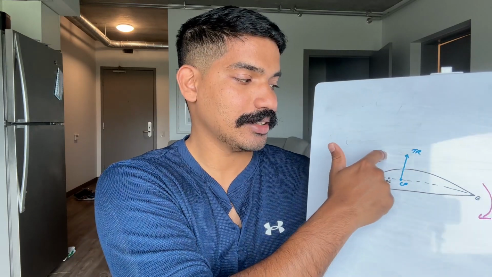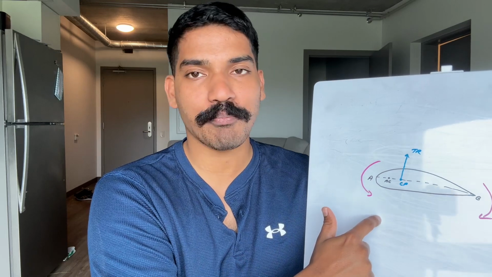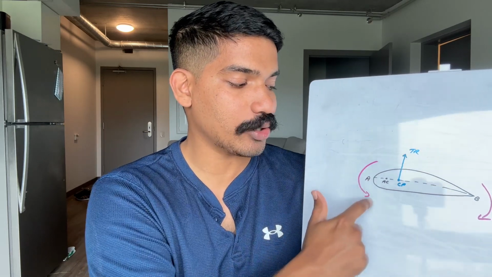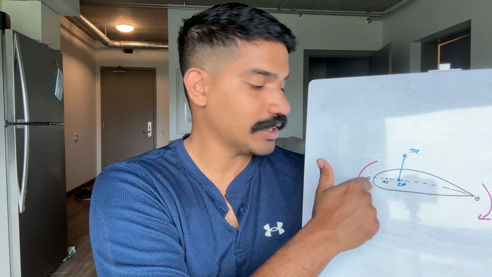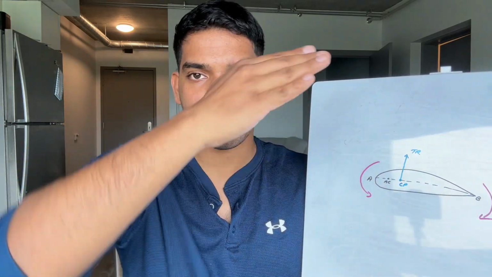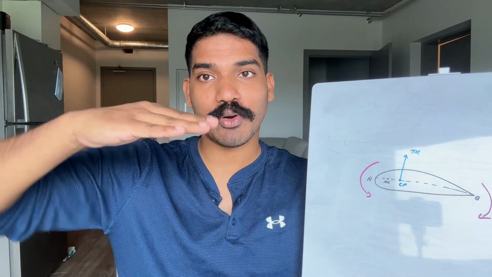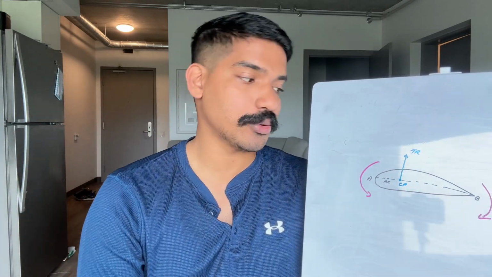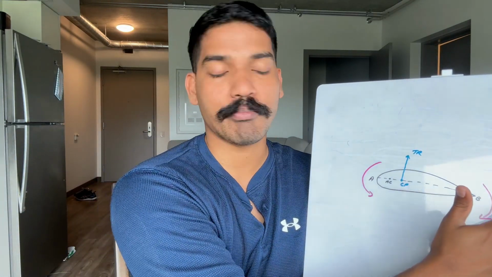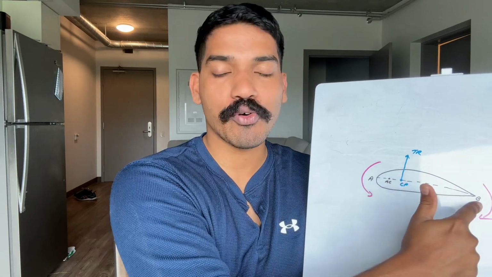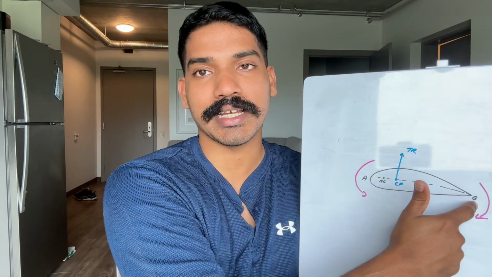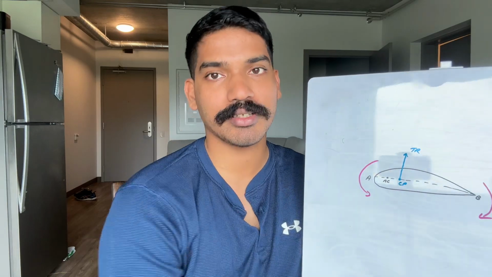Now, as there's this anti-clockwise force being applied on the leading edge, what happens? The leading edge is forced to push down, okay? And that's not a good thing for us, because angle of attack always has to be upwards for lift to happen. But then there's also force being applied on the trailing edge, which is downwards, right?